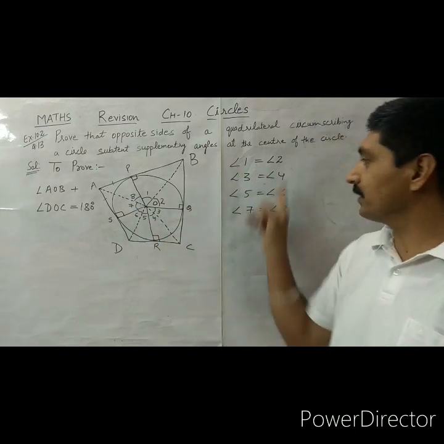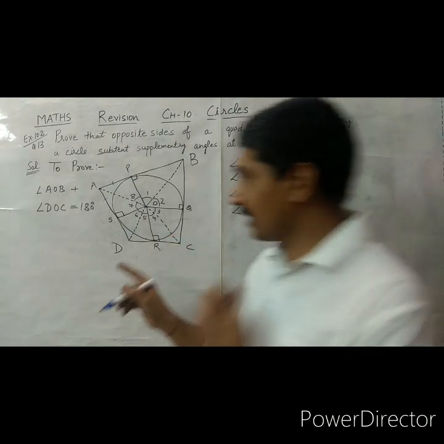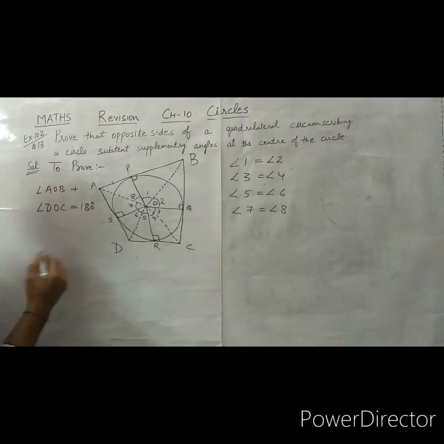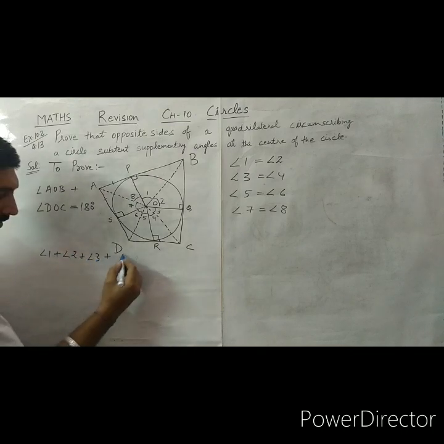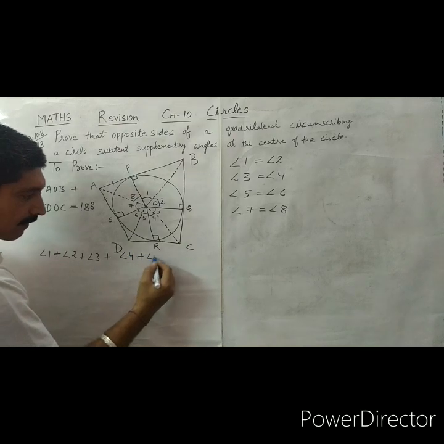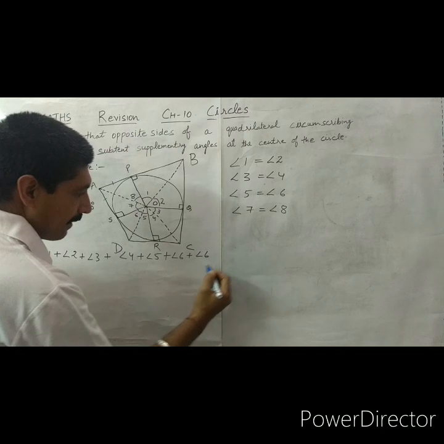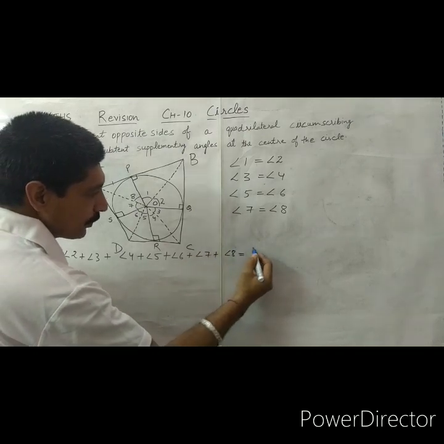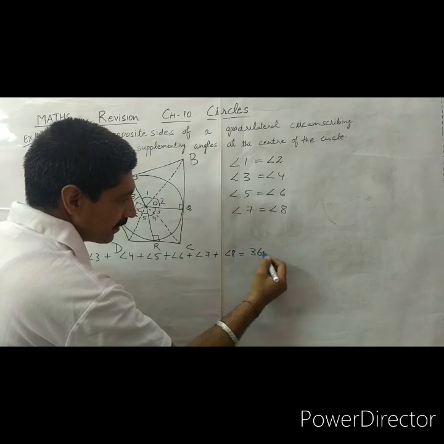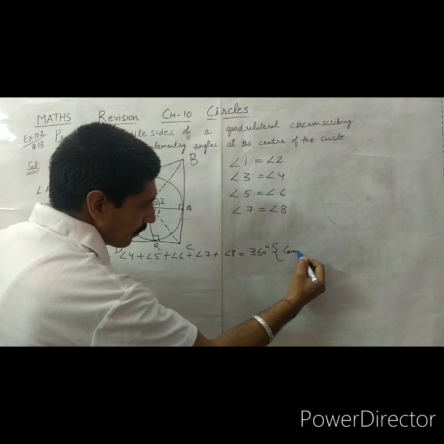So here we can write that angle 1 plus angle 2 plus angle 3 plus angle 4, 5, 6, 7, 8 is equal to 360 degrees, and we can give the logic complete angle.